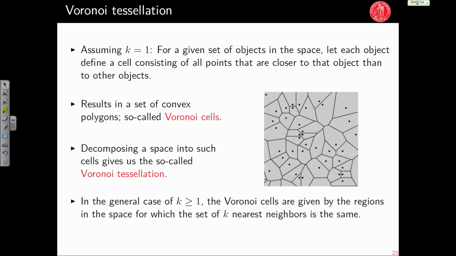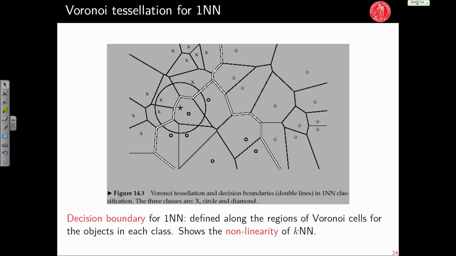What we want is actually a decision boundary per class, not per data point, right? So this white line here is the decision boundary between the diamond class and the circle, and this one here between the X and the circle. The decision boundary follows the boundaries of the Voronoi cells that are of different types.